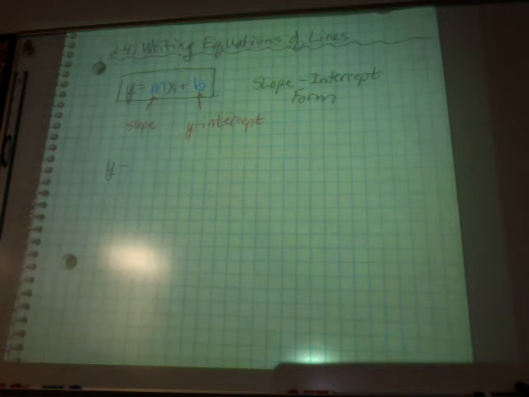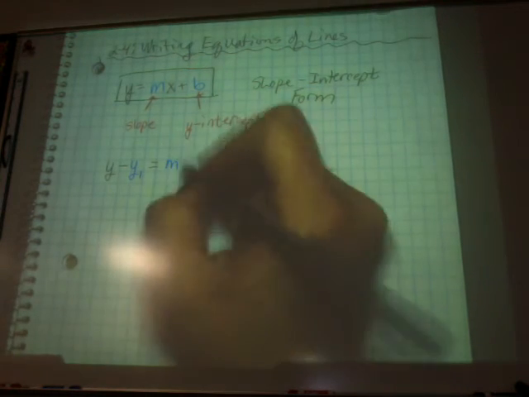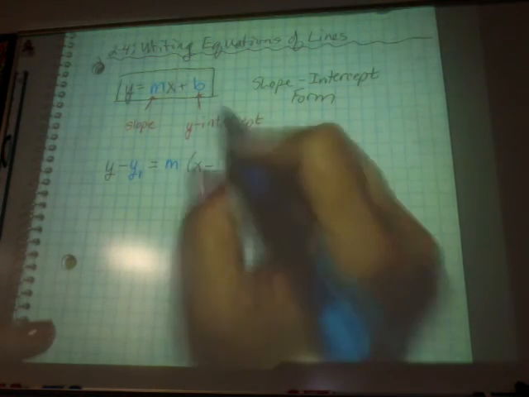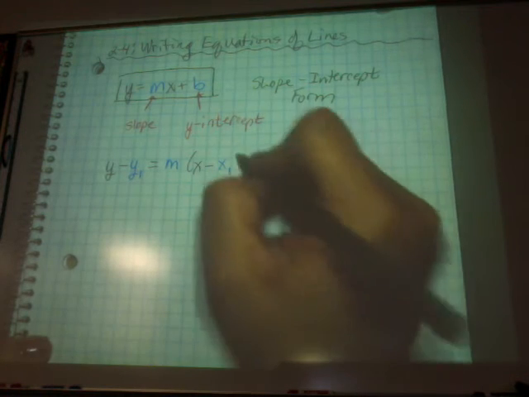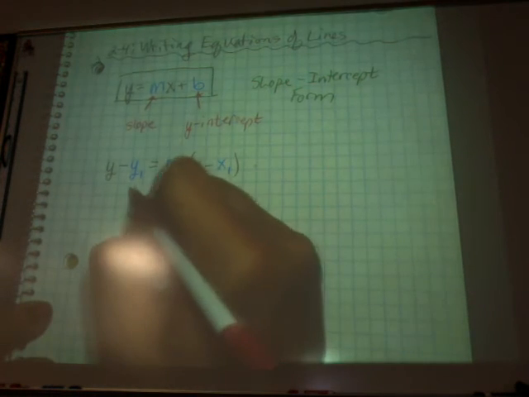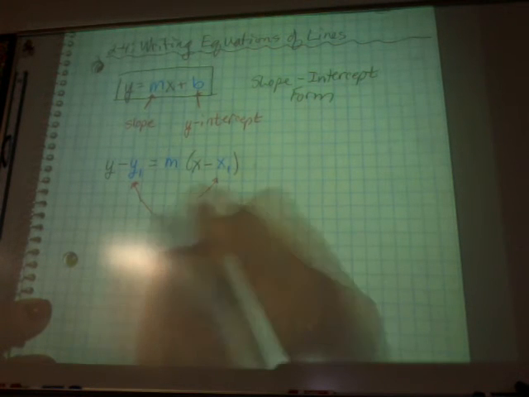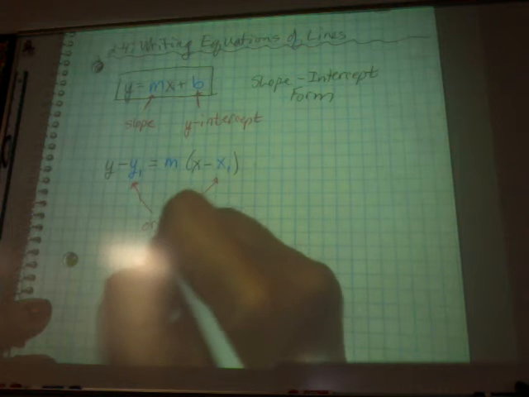y minus y sub 1 equals m times x minus x sub 1. These points right here would just be an ordered pair that you've been given.